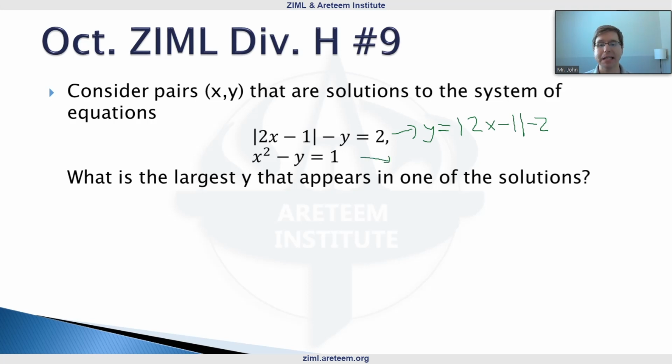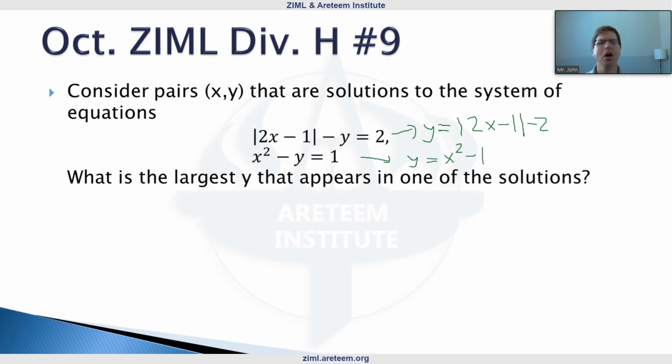In our second case, again, add y and subtract 1. We have y equals x squared minus 1. So now we have transformed this system of equations into y equals in both cases.